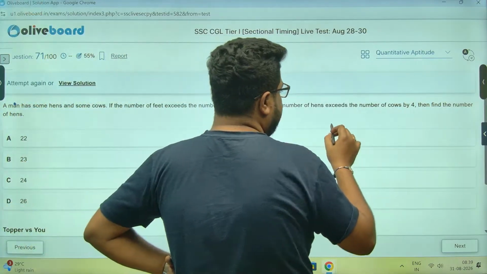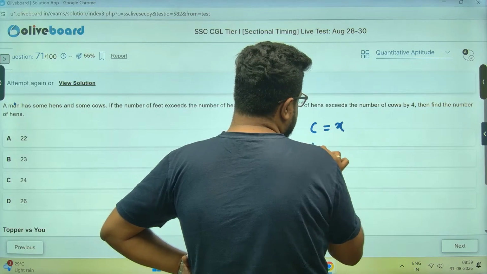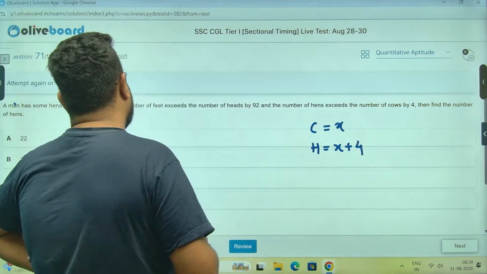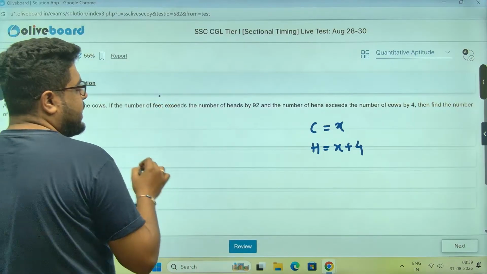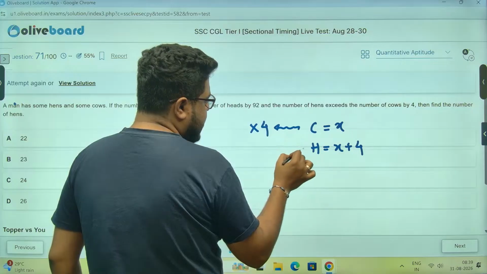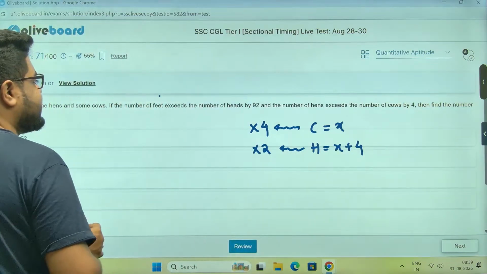Sir, the number of hens exceeds the number of cows. So number of cows is x, number of hens is x plus 4. Number of feet: cow has 4 feet and hen has 2 feet. The number of feet exceeds the number of heads.